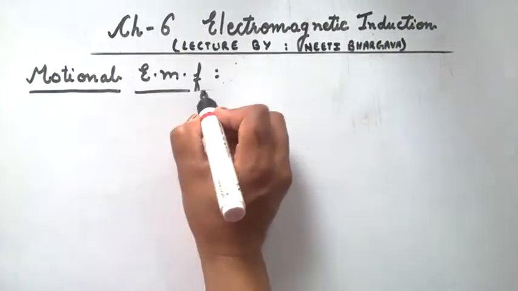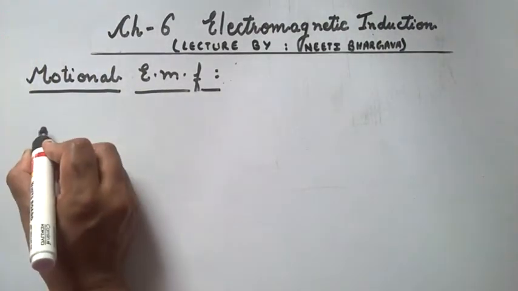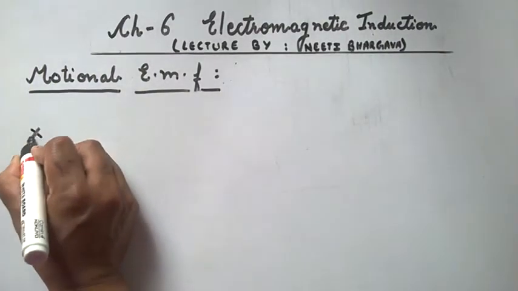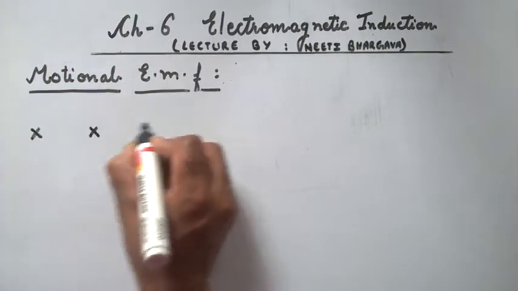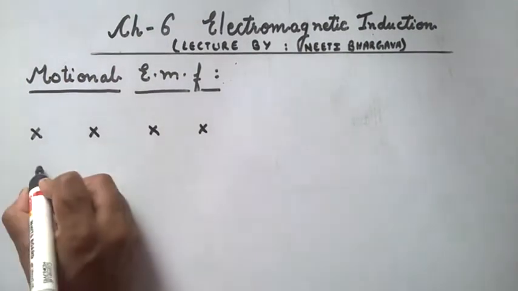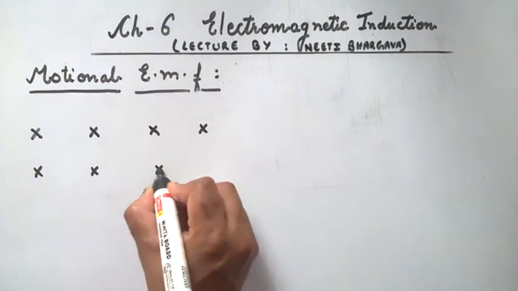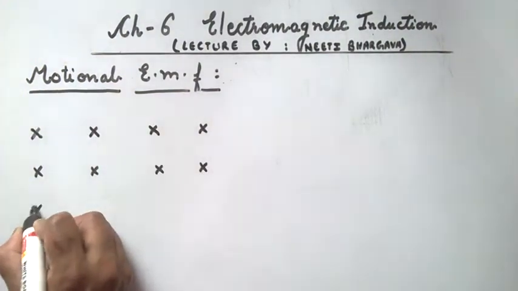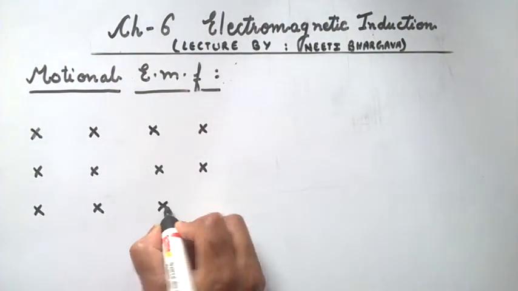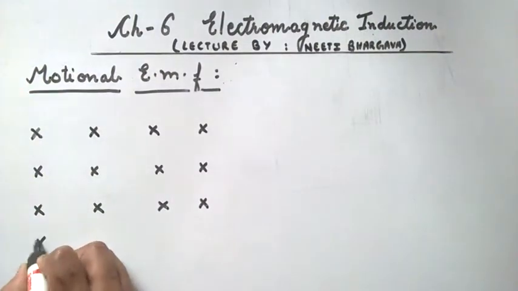Consider a uniform magnetic field which is into the plane of a paper denoted by cross, and consider a rectangular loop which is conducting.